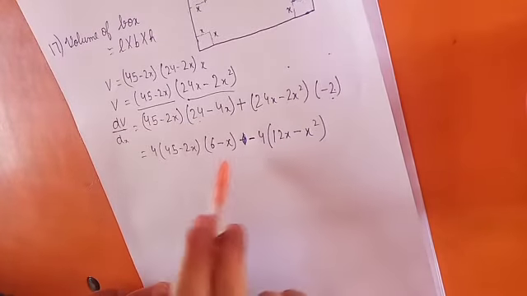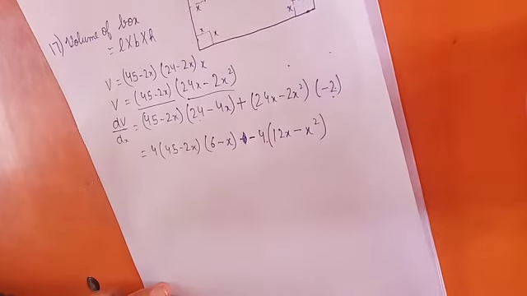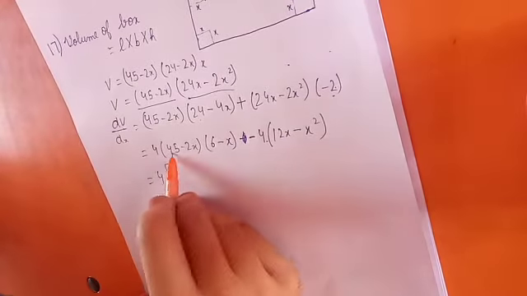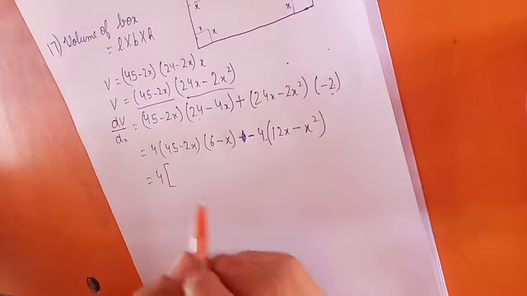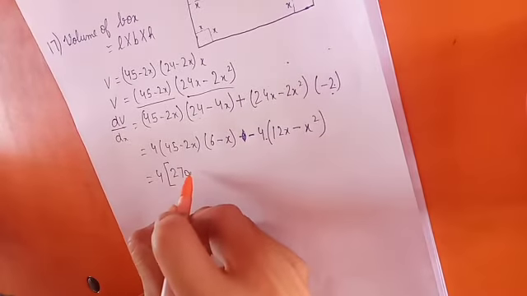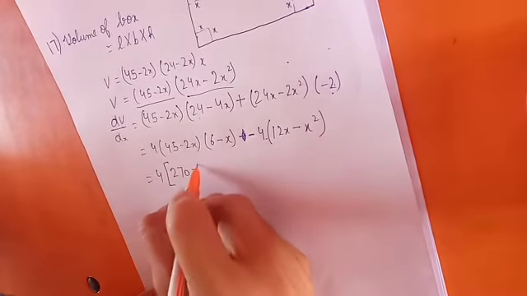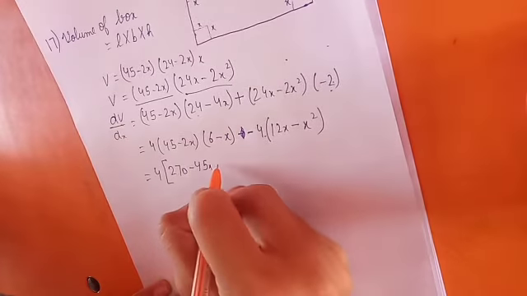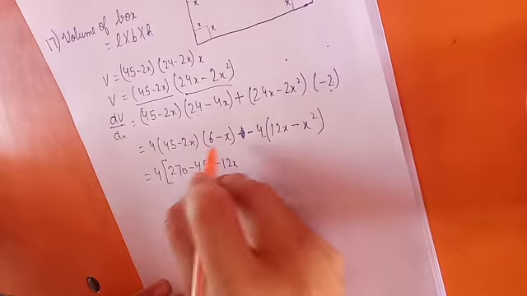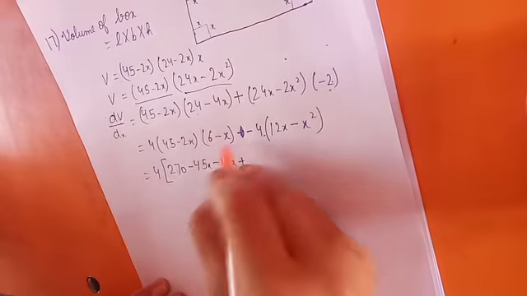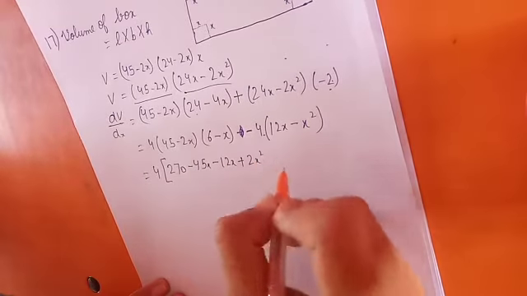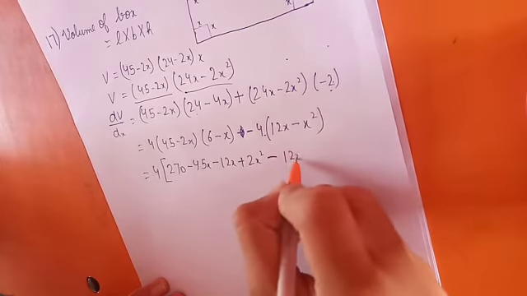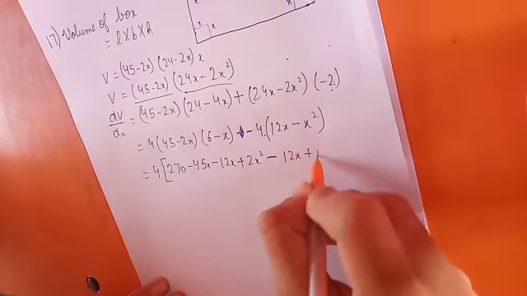Before doing that, first of all I can take 4 as common from the whole, so it will be 4, 45 into 6, 270, 45 into minus x is minus 45x, minus 2x into 6, minus 12x, and minus will be plus, 2x into x will be 2x square. Then from here, taking 2 common, it will be minus 12x and plus x square.